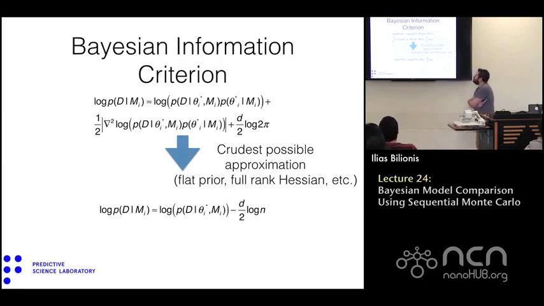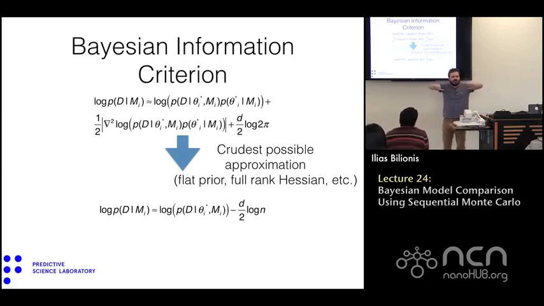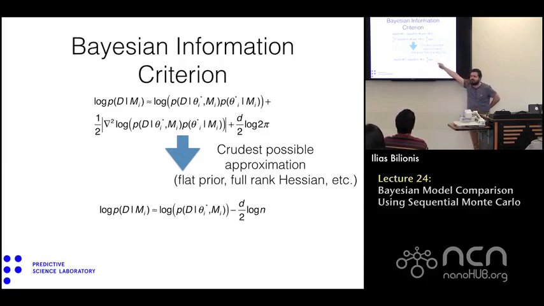And if you guess in a nice way, assuming a flat prior, completely flat p of theta, and assuming full rank for the Hessian, those are the assumptions you should make, you'll find what is known as the Bayesian information criterion. This is discussed in more detail in Bishop, in the chapter where he talks about Bayesian model selection.